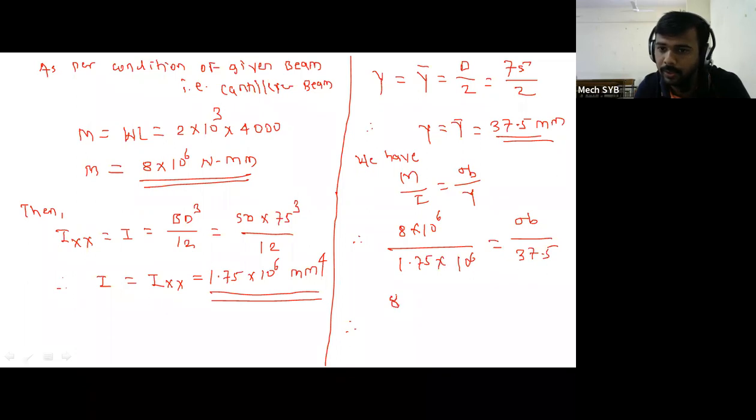I will take this 37.5 to the left side, so here it will get multiplied: 8 into 10 raised to 6 into 37.5 divided by 1.75 into 10 raised to 6 is equal to sigma b. Therefore, your sigma b will be 171.42 Newton per mm square.